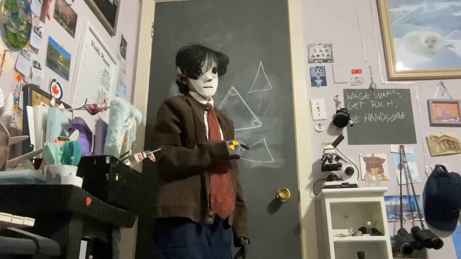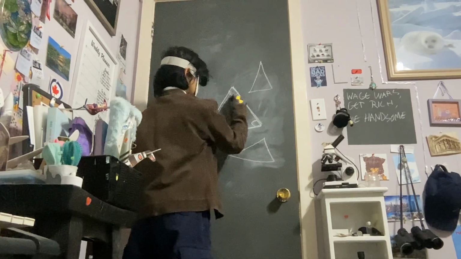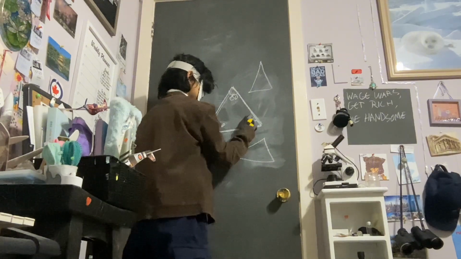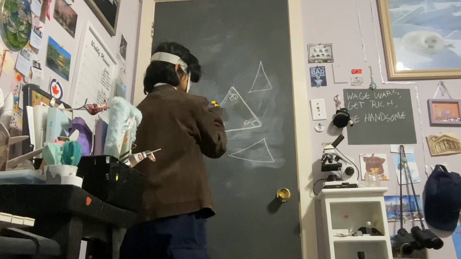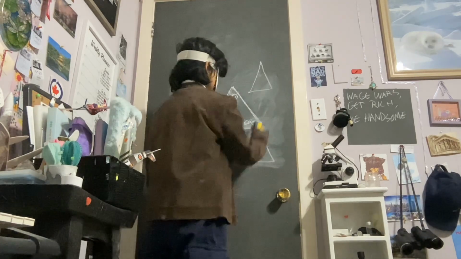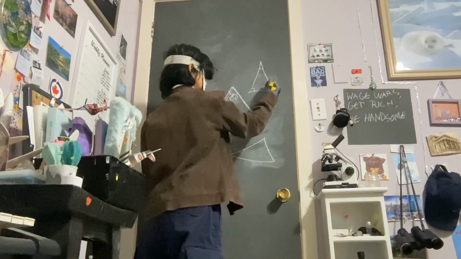That is 60. So all of these angles would be 60 degrees if this was an equilateral triangle. And all the sides are also the same length because they're all equal here.